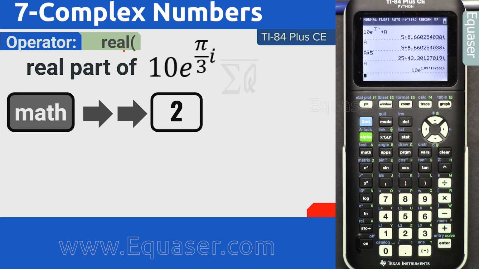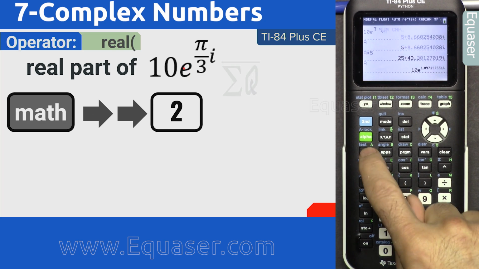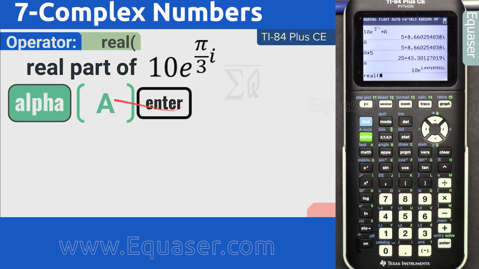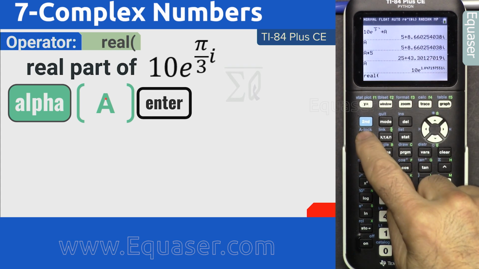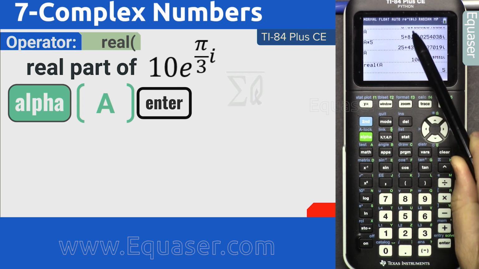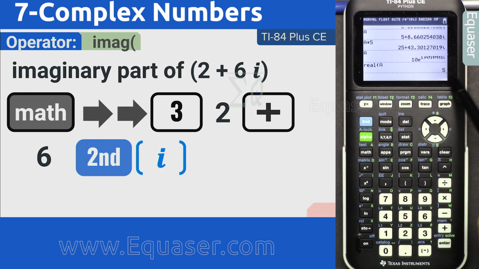Now let's get the real part of this expression. Mode, second function. For real, we press 2, and let's recall it because we don't have to type it again. We have the value, second function A, and the real part of that is, remember it was 5 plus some value in rectangular format, and the real part is 5.